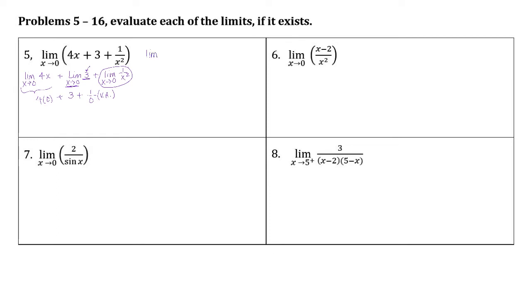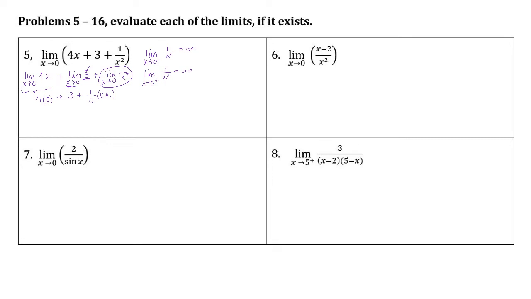So I look at the limit as x approaches 0 from the left of 1 over x squared, and then the limit as x approaches 0 from the right of 1 over x squared. Whenever I sub in, let's say, a little bit to the left of 0, a negative decimal, that negative decimal is going to be squared, so that's going to become positive. So that's tending toward positive infinity, and the same is true for the right.